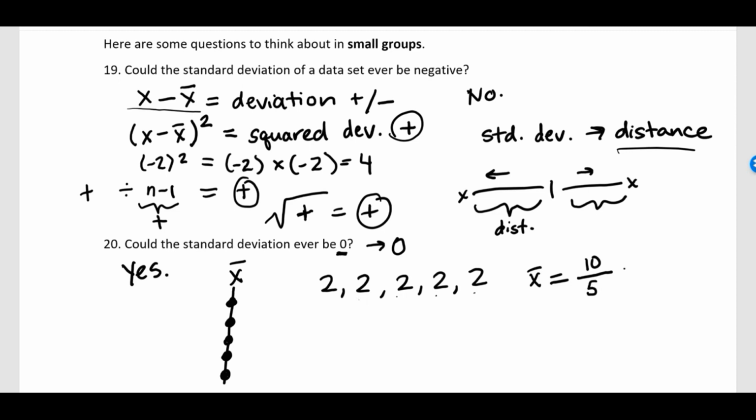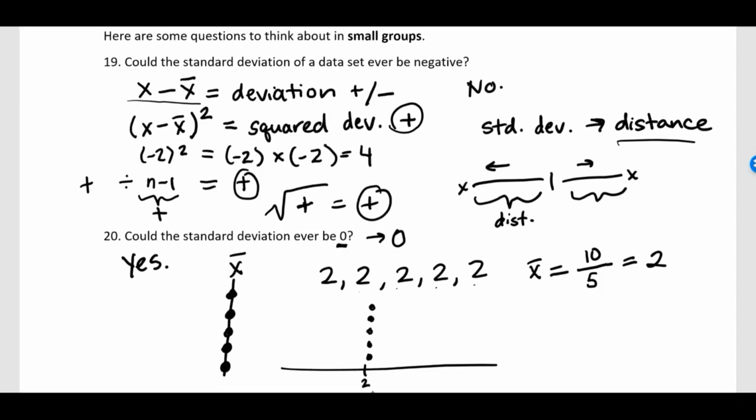So the mean is 10 over 5, and 10 divided by 5 equals 2. If all of these are stacked up at the same spot, where is our data going to balance? It's going to balance at 2.